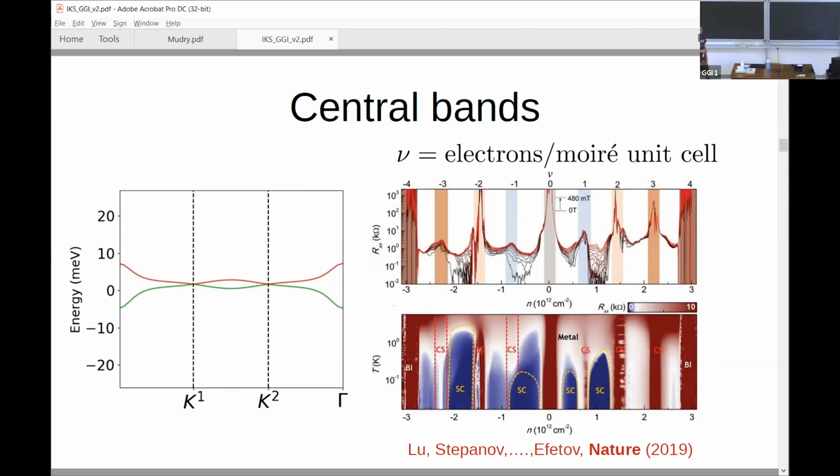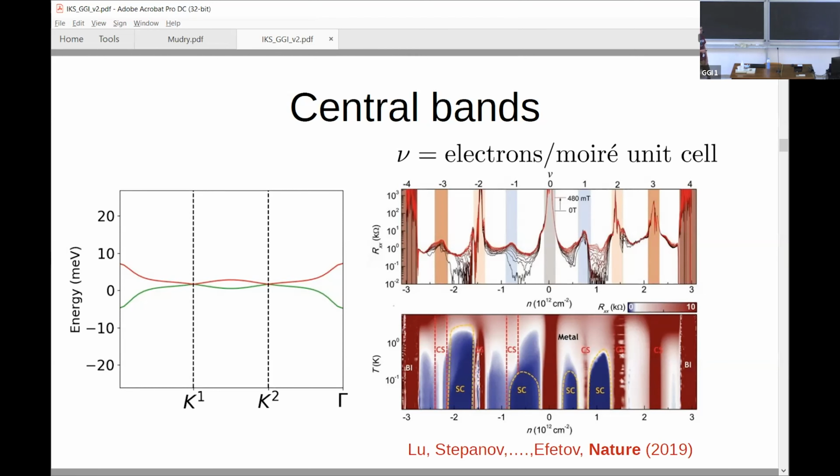Okay, and so on the right, I'm showing some experimental data that has been taken. So this is measurements of the resistivity as you change the electron density. And the interesting observation is that you end up with these peaks in the resistivity pretty much every time nu is an integer.